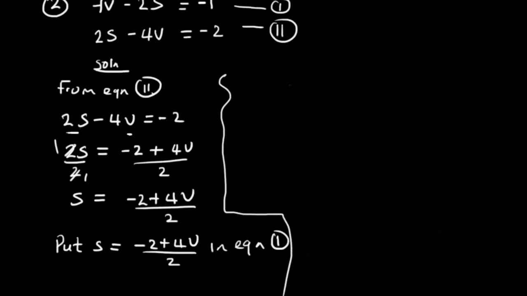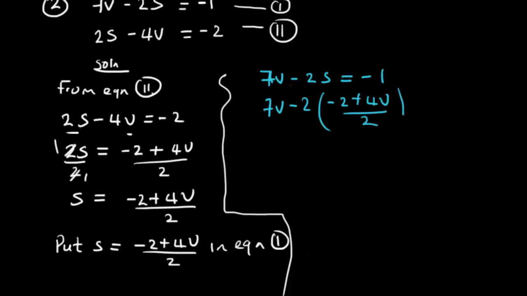Equation 1 is 7v minus 2s equals minus 1. Anywhere I see s, I call it minus 2 plus 4v all over 2. So I'll be having 7v minus 2 into brackets minus 2 plus 4v all over 2 equals minus 1.